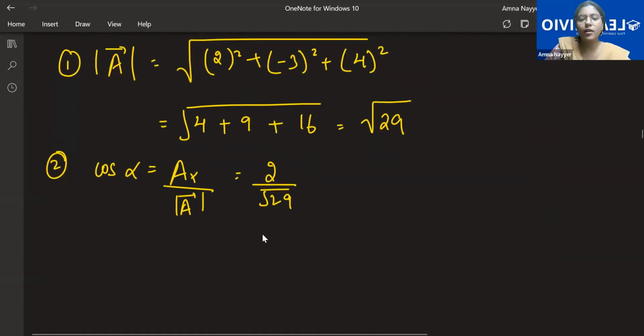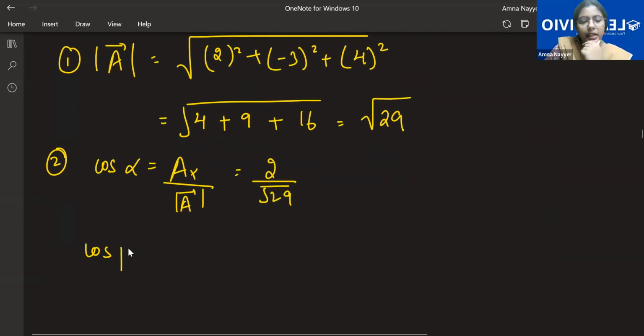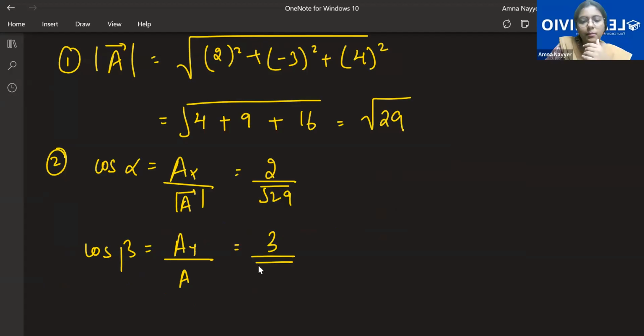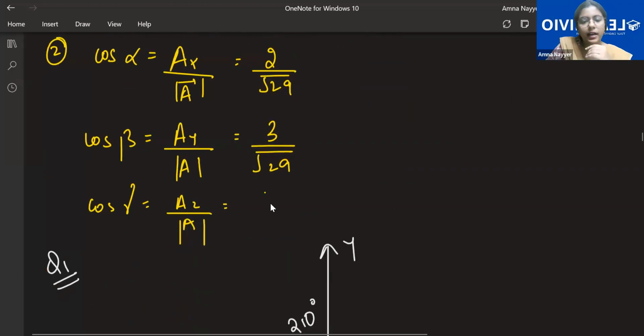This is how you have to solve. Cos beta will be ay by the magnitude of the vector, so 3 by root 29. Cos gamma is az by a, which will be 4 by root 29.